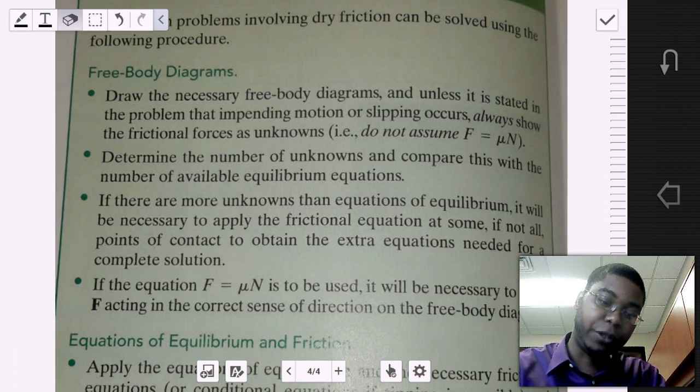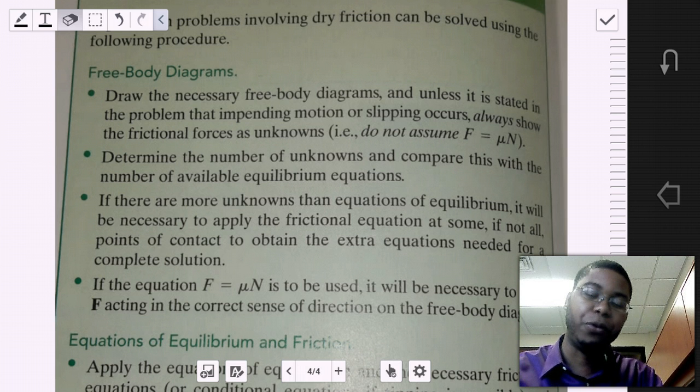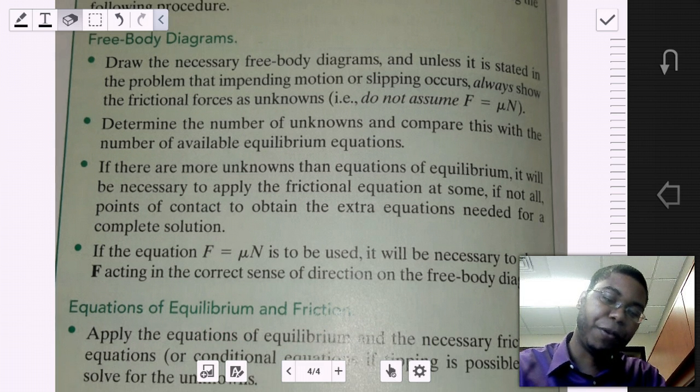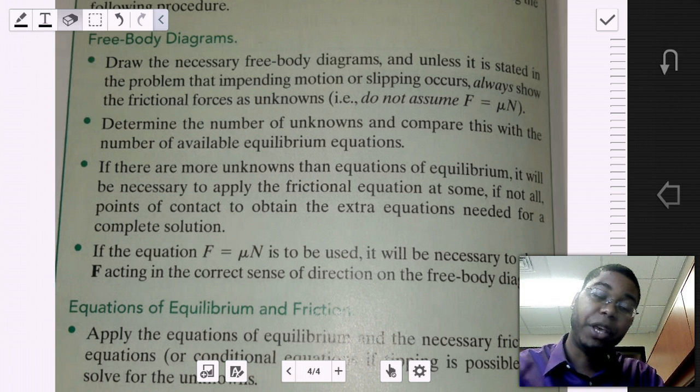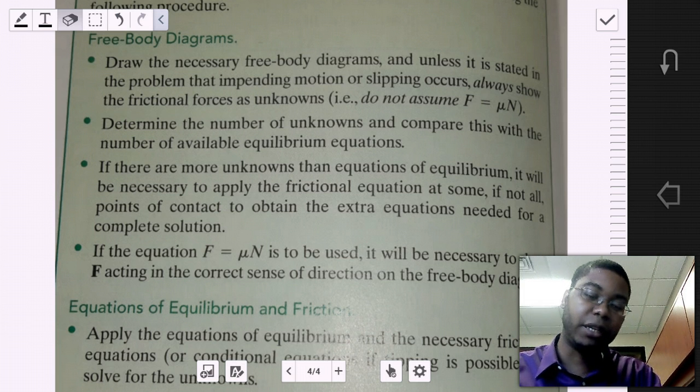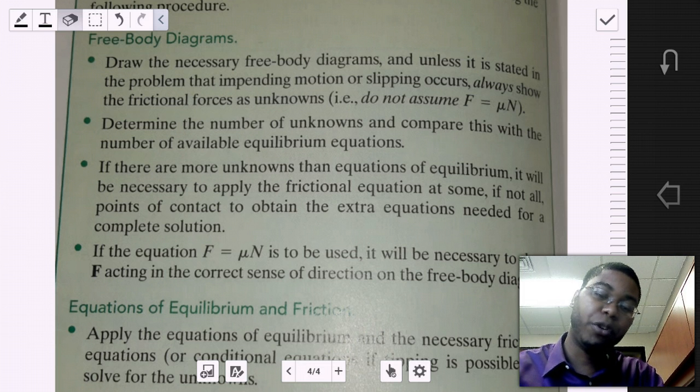Once we've done that, then we need to determine the number of unknowns and compare this with the number of available equilibrium equations. If there are more unknowns than equations of equilibrium, it will be necessary to apply the frictional equations at some, if not all, of the points of contact to obtain extra equations needed for completing a solution, right?